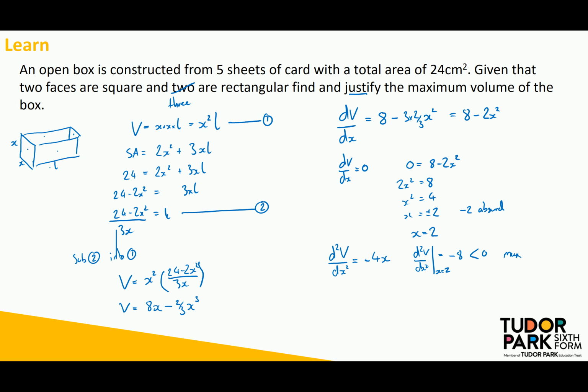All that's remaining for me to do now is to find out what that maximum value is. Well, for that I just need to work out what V is evaluated when x is 2.